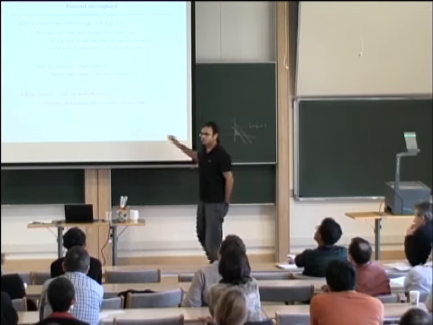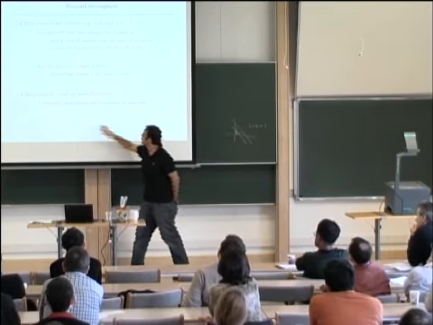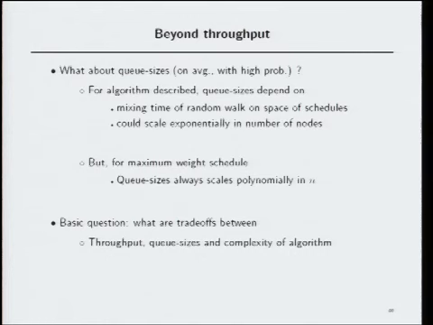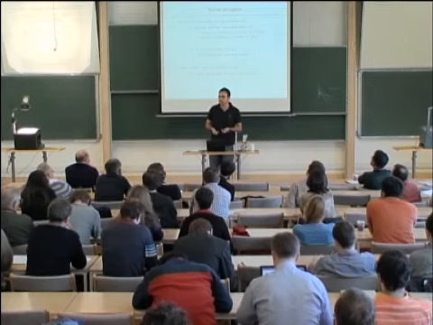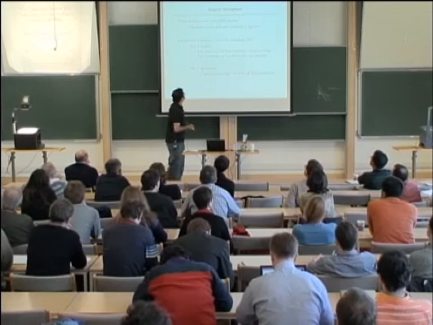So the basic question here is that what we wanted was throughput, then we wanted good implementation, and now we are looking for queue sizes. How do these three performance metrics interplay with each other? Of course, finding that answer exactly would be very hard, but here is some attempt.